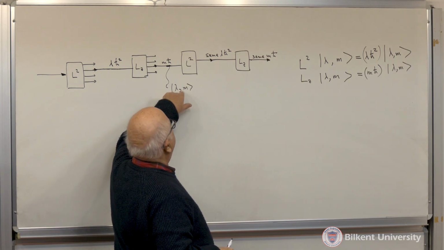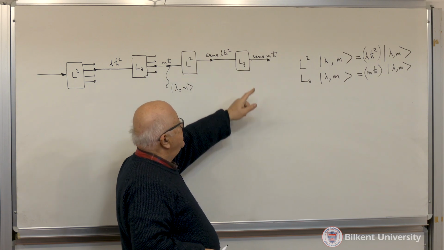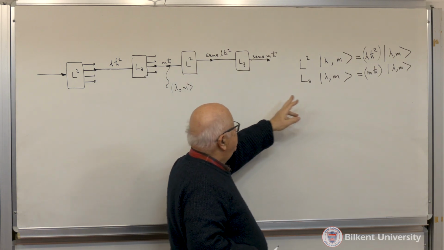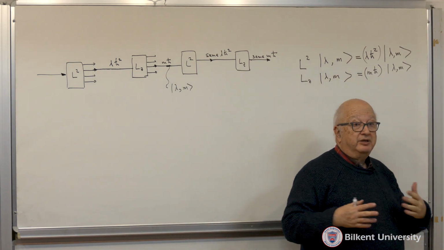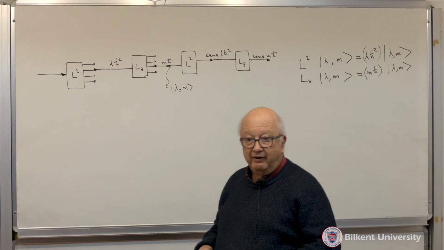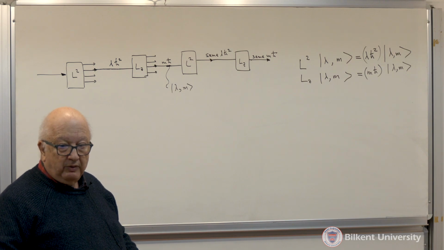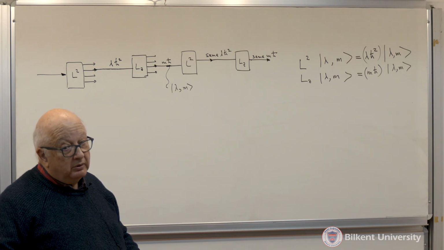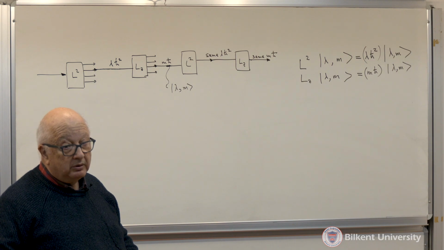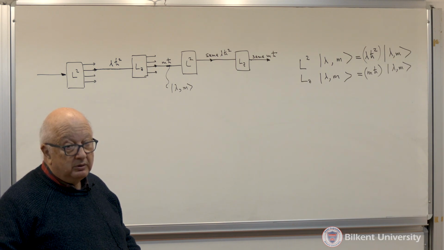And now I can make L squared measurements or Lz measurements. They always give me the same eigenstate, okay? I do not have any change. Yes? Assuming that there is no degeneracy, after the first L squared measurement, the Lz measurement is deterministic, right?